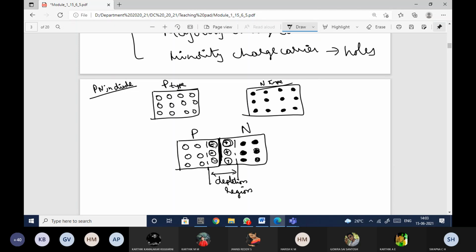So there will be a force exerted between these ions. Let me write this depletion region: from here to here, whatever is formed is the depletion region.